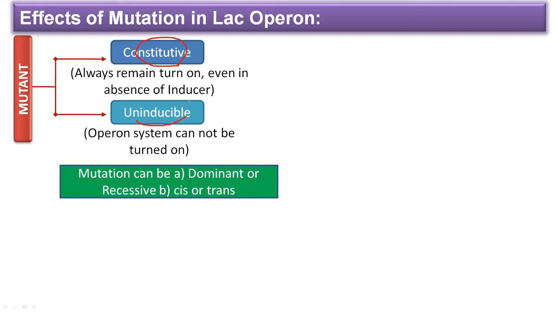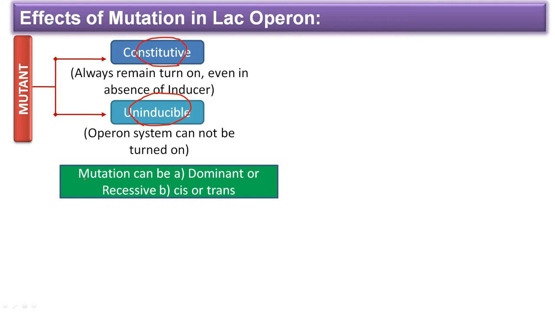And the second one is uninducible, means here the bacteria cannot turn on its operon even in presence of lactose or the other favorable conditions like CAP is present, cyclic AMP is present, but the bacteria cannot turn on its operon if the mutation is an uninducible one.